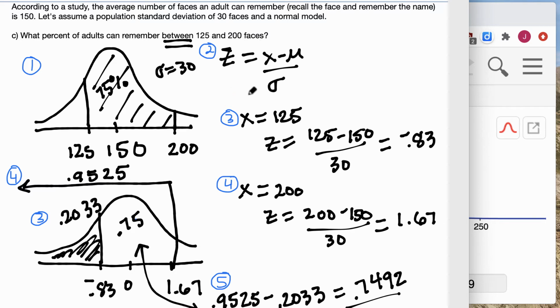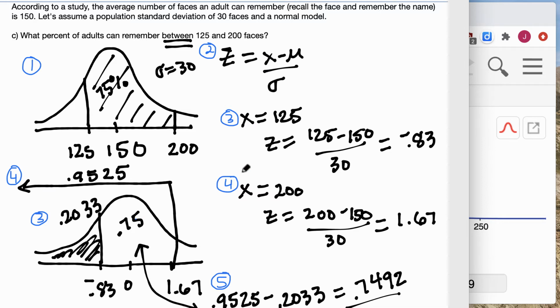A z-score for 125 means 125 minus the mean of 150, find the answer, divide that answer by 30 to get negative 0.83. So on a standard normal curve, negative 0.83 is analogous to a cutoff of 125.